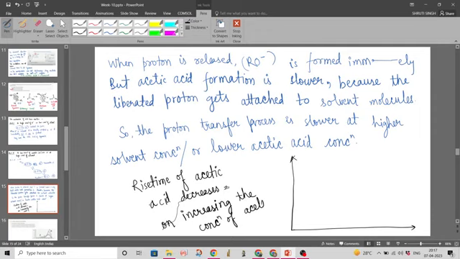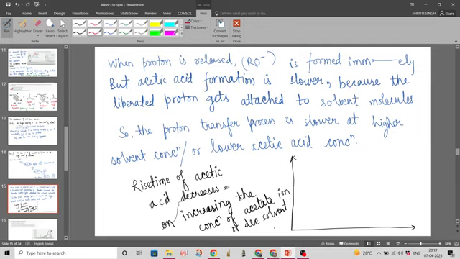Concentration of acetate ion or decrease solvent concentration. So that's what it is shown like.